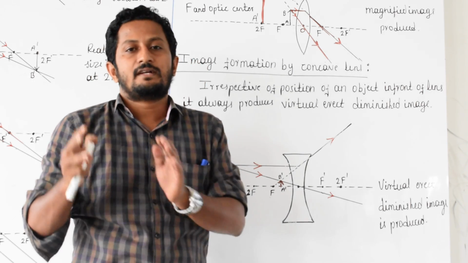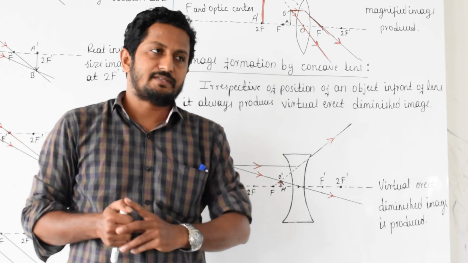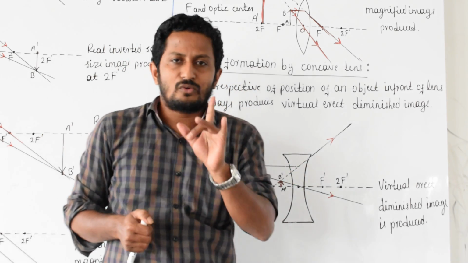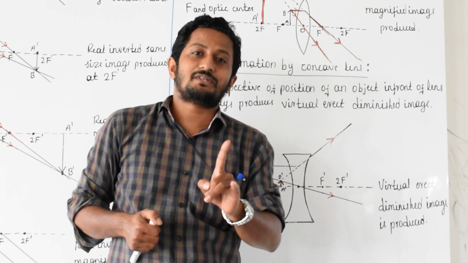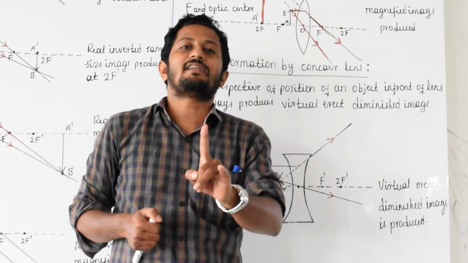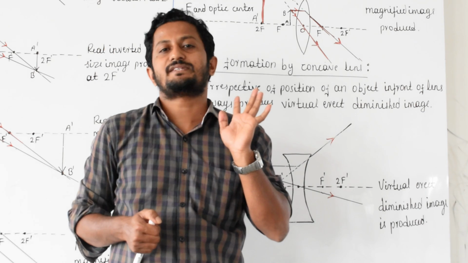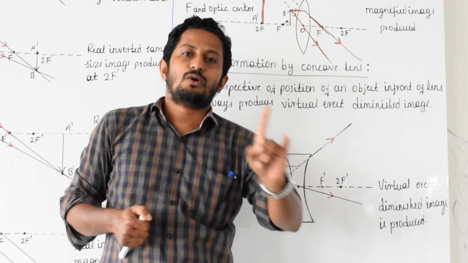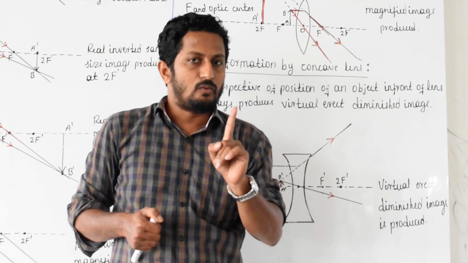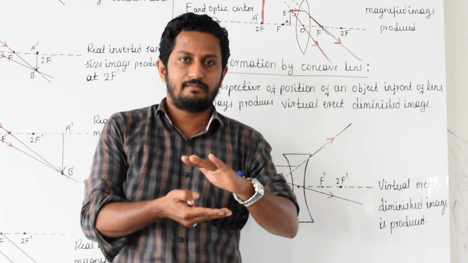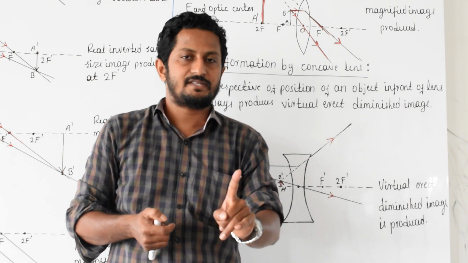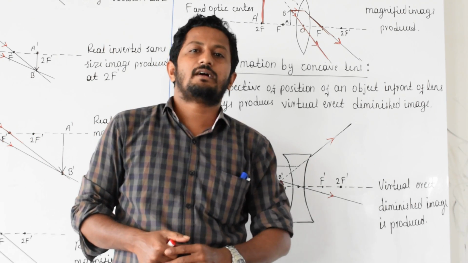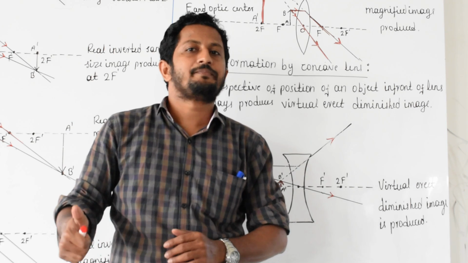This concave lens is only going to produce virtual, erect, diminished images. Keep in your mind, the concave lens produces only virtual, erect, diminished images, while the convex lens produces both real and virtual images.